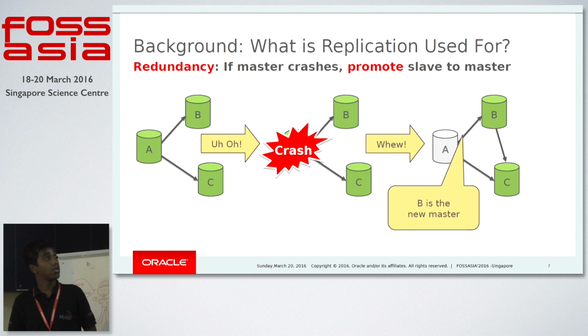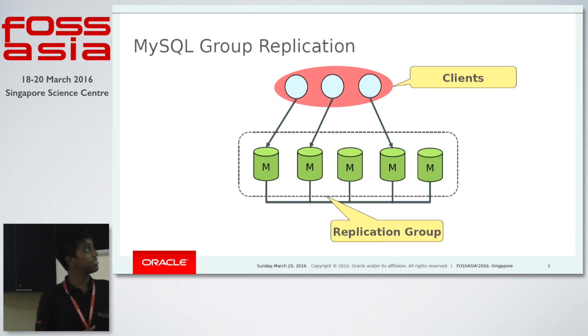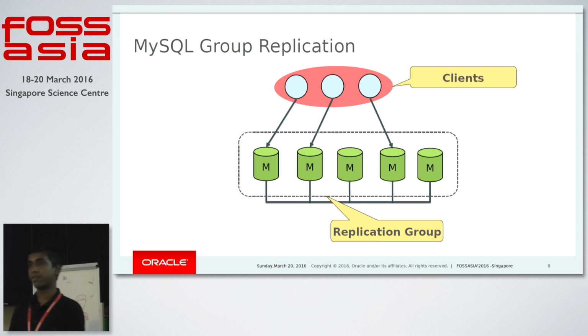So, in both these examples that I had shown, the replication from the master to the slave is asynchronous. As I mentioned, we write on the master and replicate to the slave in the background. With MySQL group replication, what we are planning to give is that all the servers will be master. There will be no slave.